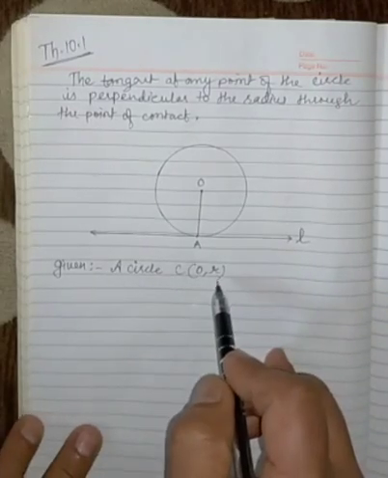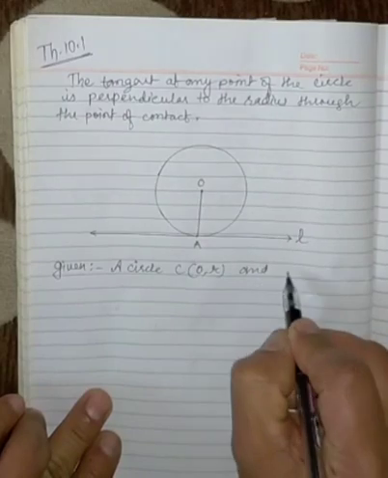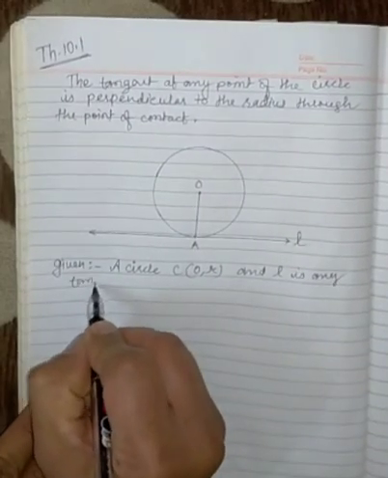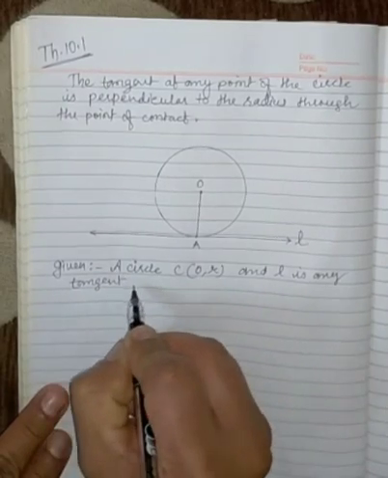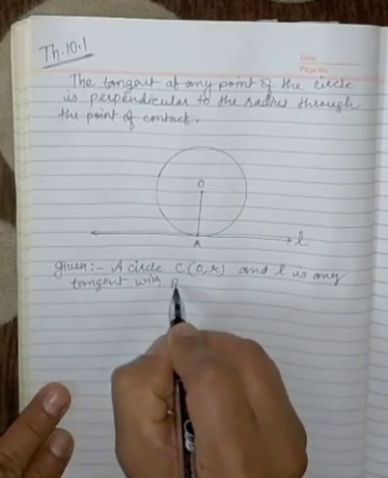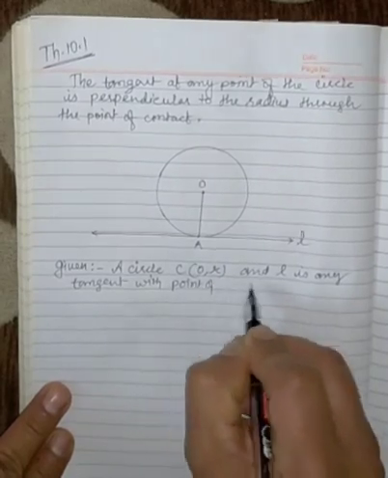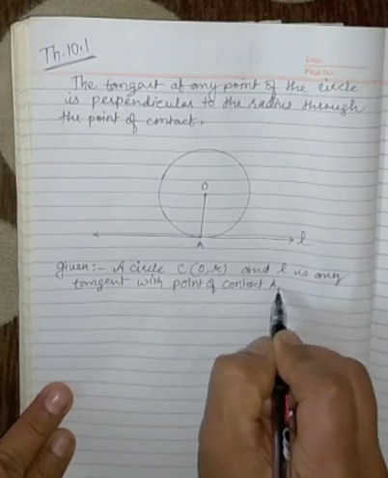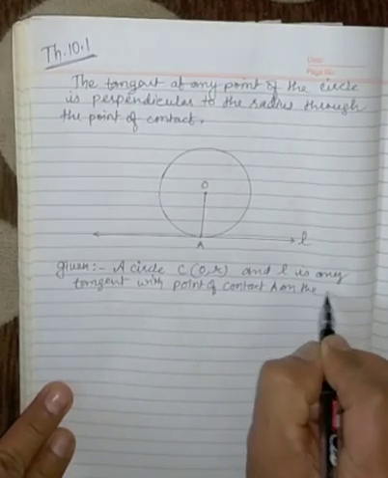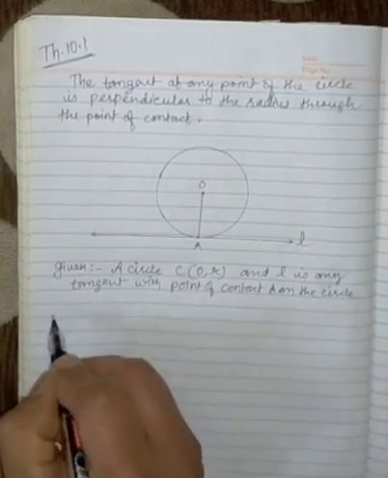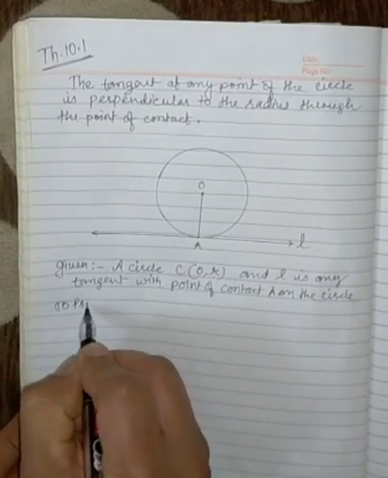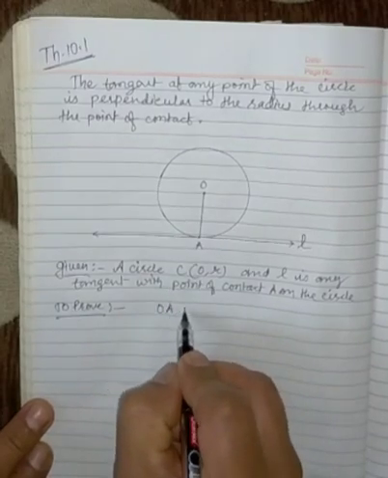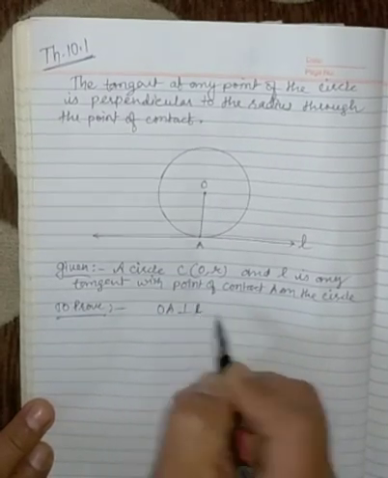So given a circle C(O, R) and L is any tangent with point of contact A on the circle. To prove: OA is perpendicular to L.